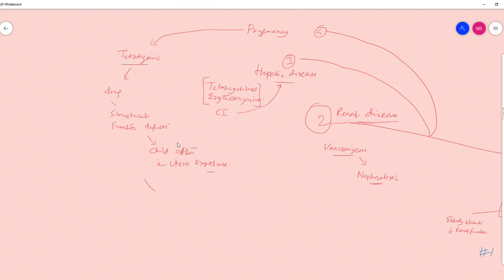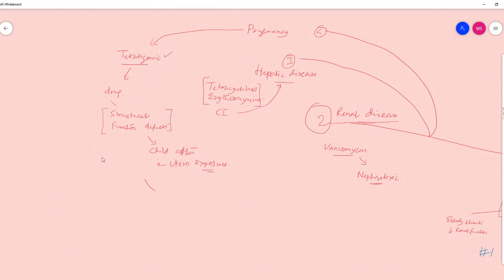So when the mother is pregnant, you give some drug, and that drug produces structural or functional defects which are observed after the child is born. Then that drug is called teratogenic.